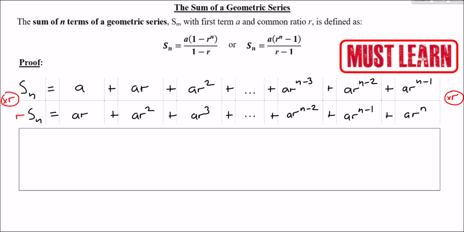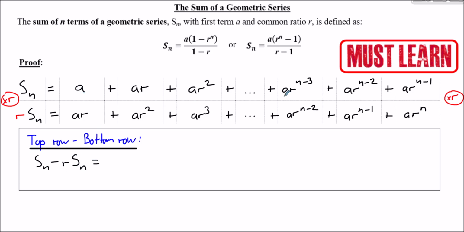Now what we're going to do is the top minus the bottom. So top row minus the bottom row. So if we do that, on the left we'll have Sn minus r lots of Sn.